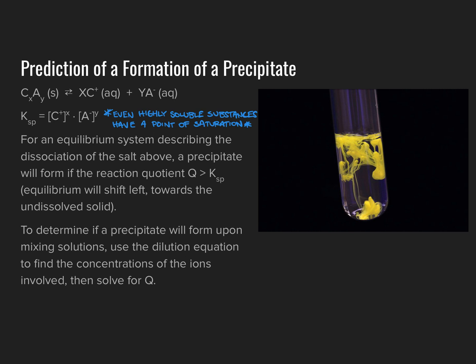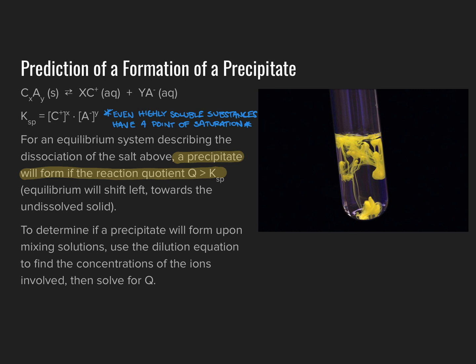And this should at this point start to sound a little familiar. We're comparing a current set of conditions versus an equilibrium set of conditions. This sounds like a fantastic opportunity for us to make a comparison of the value of the reaction quotient Q in comparison to the value of the equilibrium constant K. Now recall from our previous conversations around Q calculations, if the reaction quotient Q is greater than the value of the equilibrium constant KSP, that would imply a system which currently has too heavy a concentration of products, and therefore to establish equilibrium would need to shift to the left to remove product from the system.